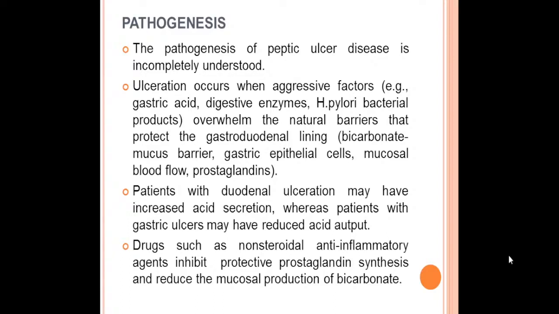Patients with duodenal ulceration may have increased acid secretion, whereas patients with gastric ulcer may have reduced acid output. Drugs such as non-steroidal anti-inflammatory agents inhibit protective prostaglandin synthesis and reduce the mucosal production of bicarbonate.